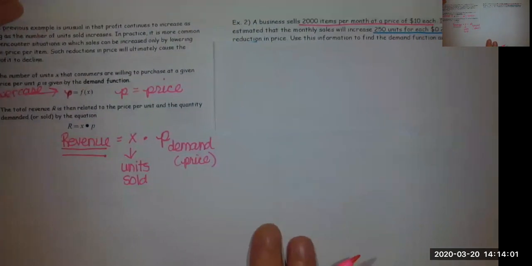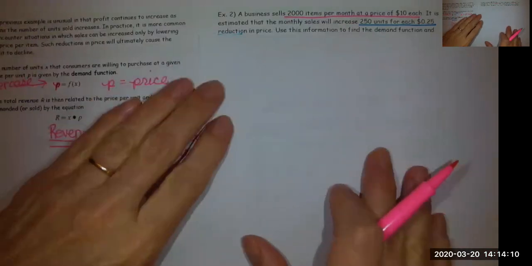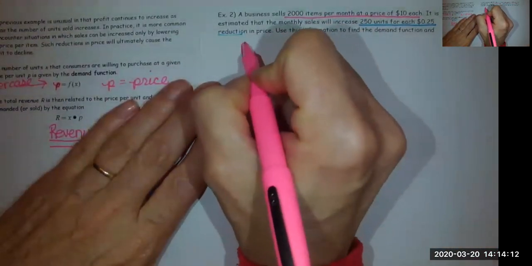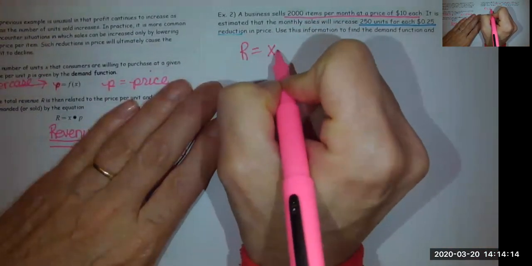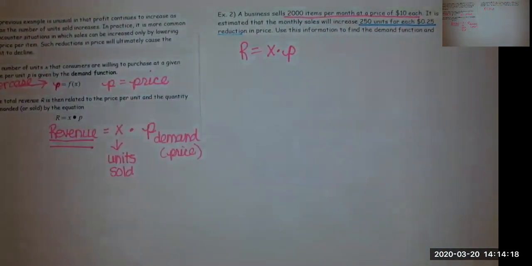This problem is really, I have a way to make it really, really easy for you. If you look in some textbooks, sometimes they make it a little bit more confusing. So I'm going to show you the easy way. Remember, revenue equals x times p, and make sure you know that's a lowercase p.